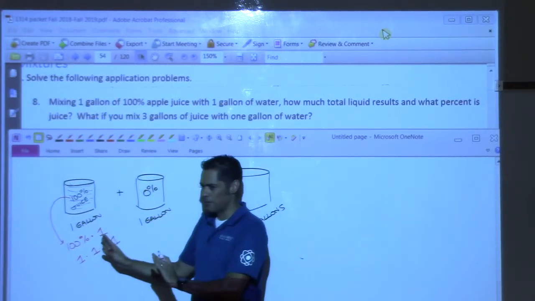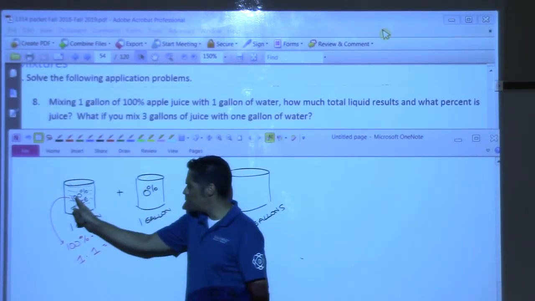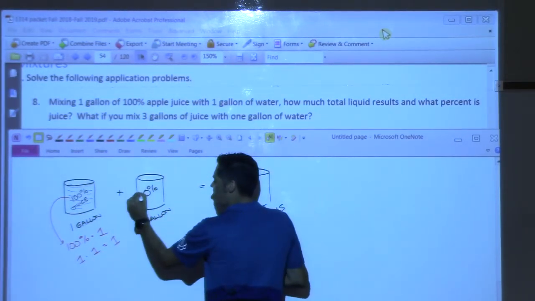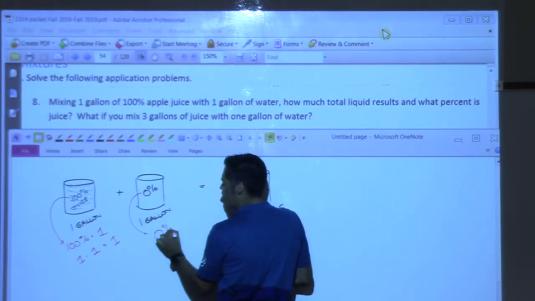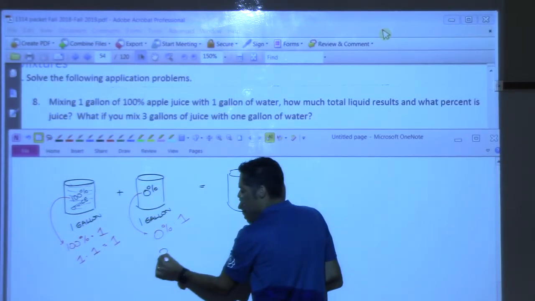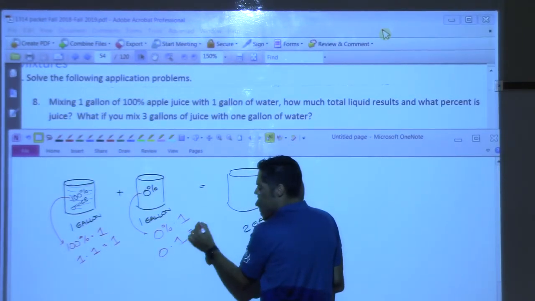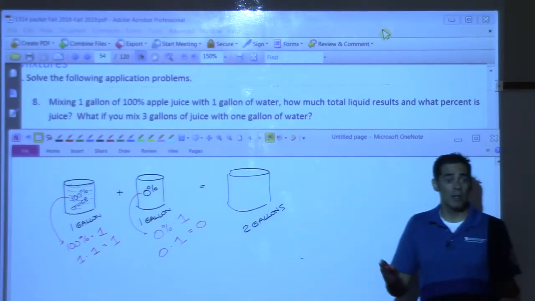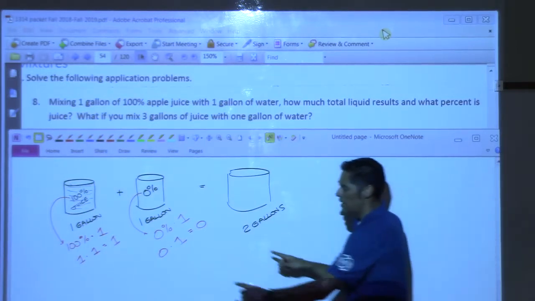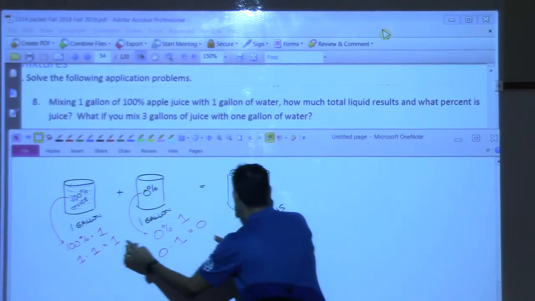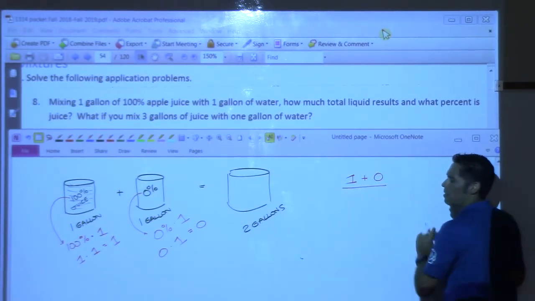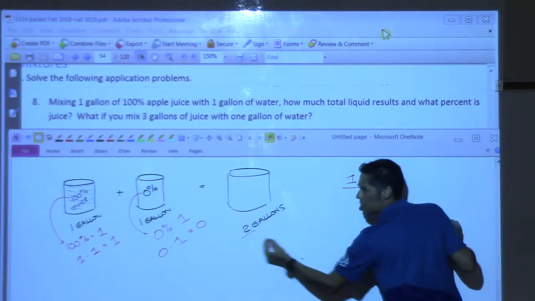I took that number, multiplied it by that number, and got an answer. Over here, let's do the same thing. We have 0%, and we multiply that times 1 gallon. 0 converted to a decimal is still 0, and 0 times 1 is still 0. Now to get our final percentage, which we know should be 50%, we take these two answers and add them up. So I take my 1, add the 0, and divide by the 2 here.